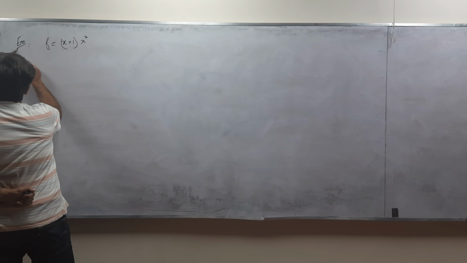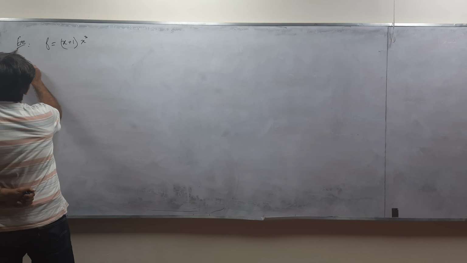And whenever we differentiate any constant with respect to any variable, their derivative is 0. I have already proved this in the previous. Okay. So what is the result?